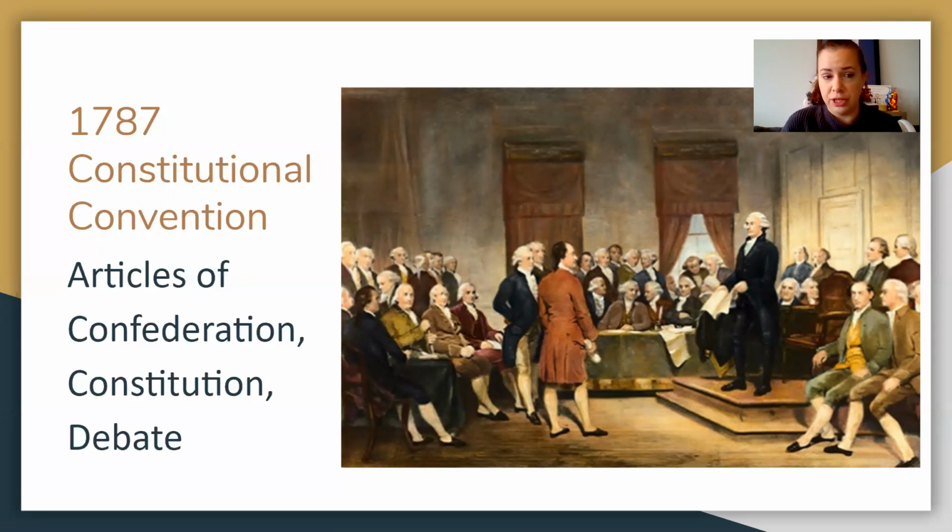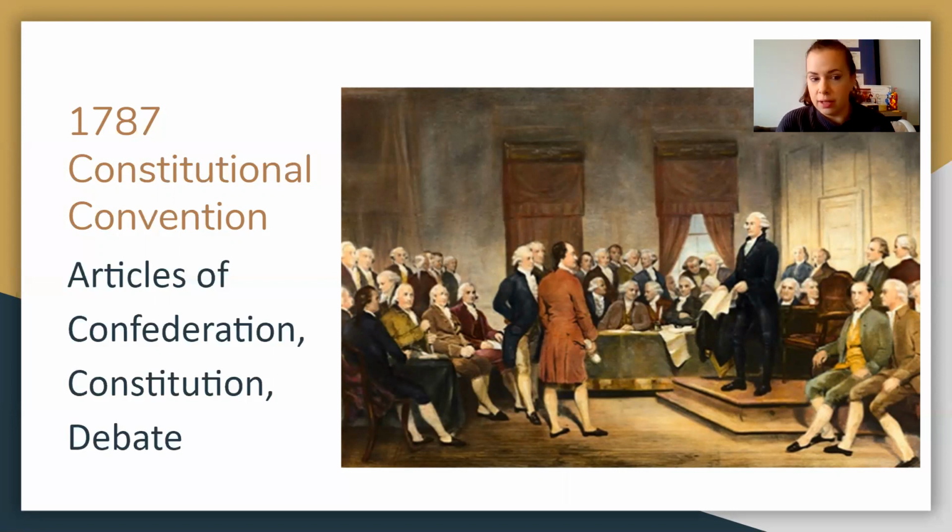What's important to know about Shays' Rebellion is this is what highlights and pushes forward the weaknesses of the Articles of Confederation to the point that the Founding Fathers say, okay, we need to rethink our system of government in order to make sure we have our country set up for success as possible.